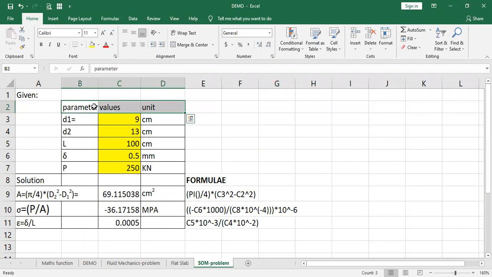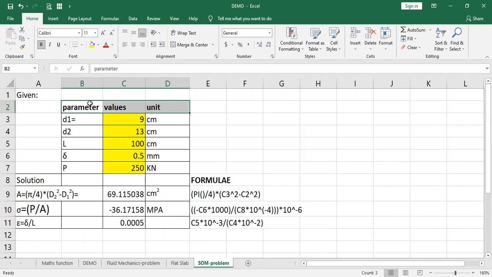Once you select it, click on bold, and make sure that you are able to see all those things: parameter, values, as well as the units. So these are the things: parameter, values, and units.